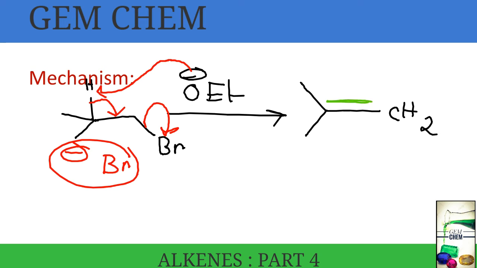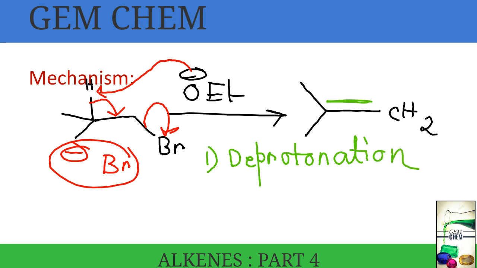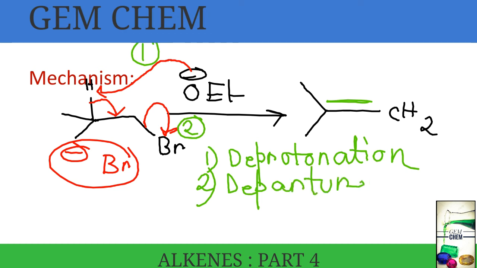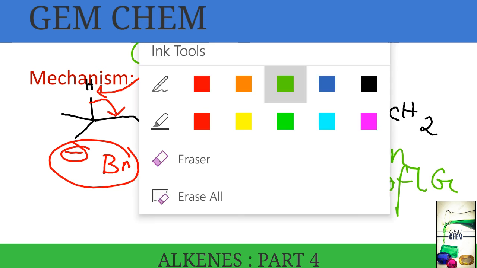Now this mechanism involves what? Number 1, deprotonation using the base, which we have seen in this step. Second is the departure of the leaving group, and the leaving group must be good. And the third process is rehybridization of reacting carbon centers from sp3 to sp2. What does it mean?